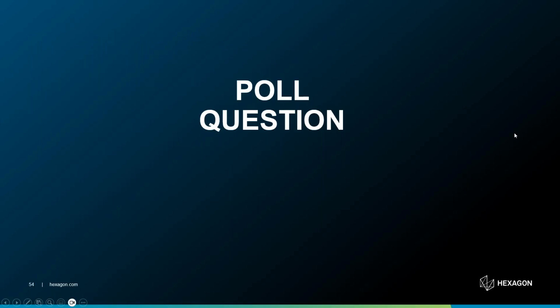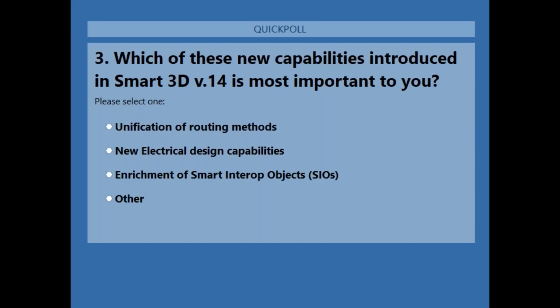Handing over to you, Amélie. We'll now proceed to the last poll question. Which of these new capabilities introduced in Smart 3D version 14 is most important to you? Unification of routing methods, new electrical design capabilities, enrichment of smart interop object, or other? Please do not forget to click on Submit to save your answer.